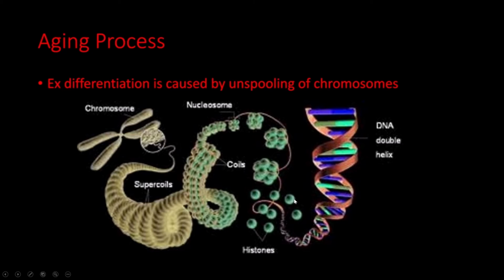So over time, due to various forms of DNA damage, instead of being wound tightly like this and only becoming unspooled in the areas that should be read, the chromosomes and DNA are damaged so that certain parts of the DNA that you don't want to be read are read.